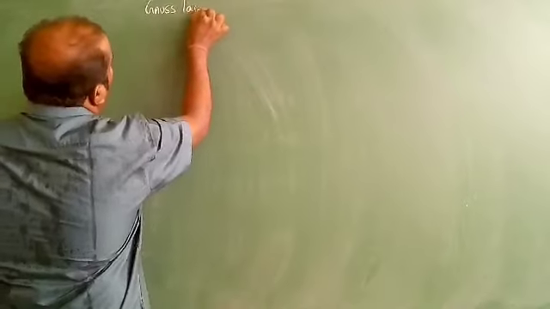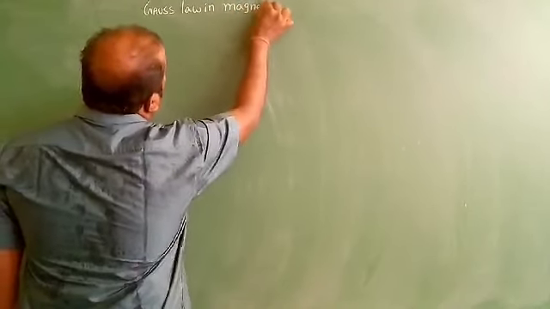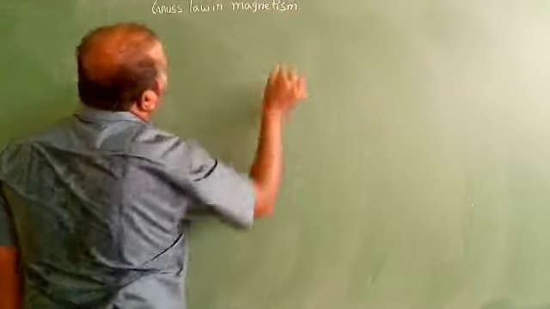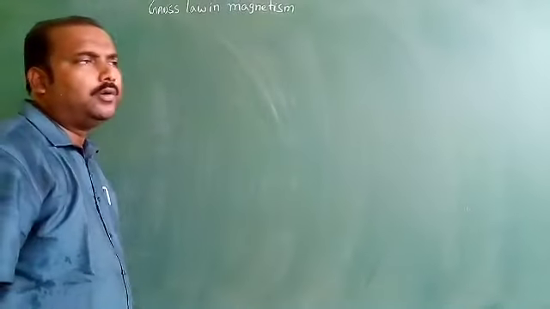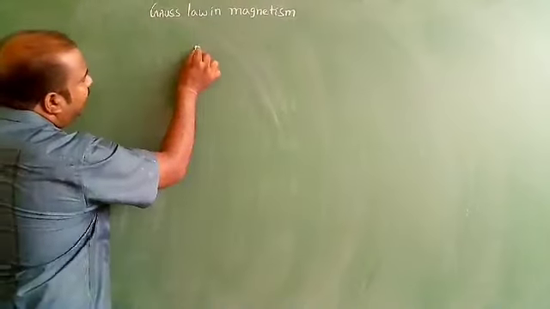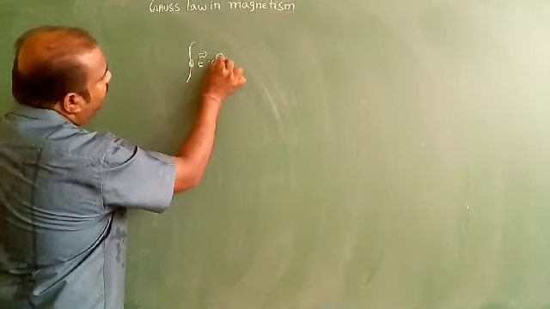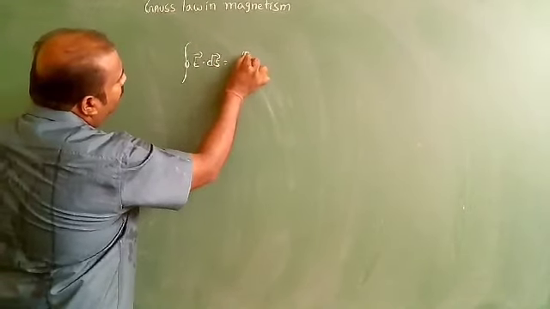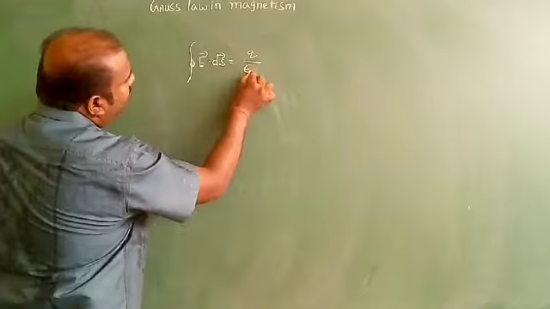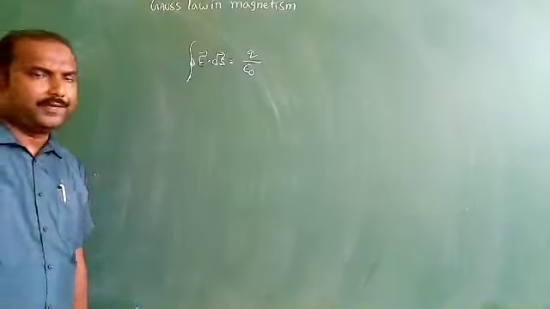Now, Gauss law in magnetism. We already know in electricity, the net electric flux through any closed surface, integral E bar dot ds bar, is equal to 1 by epsilon naught times the net charge enclosed by the surface.